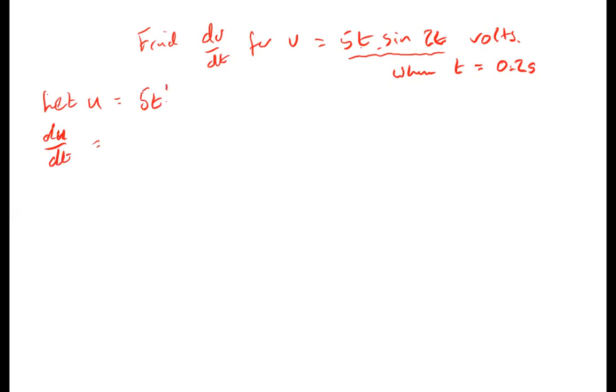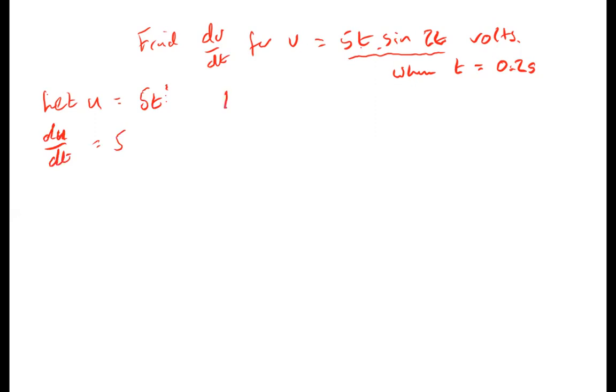We don't normally write it. So the 1 comes down and multiplies. So it's 1 times 5. And we take 1 off the index. So we got t to the 0, anything to the power of 0 is 1. So the differential of 5t is just the constant 5.